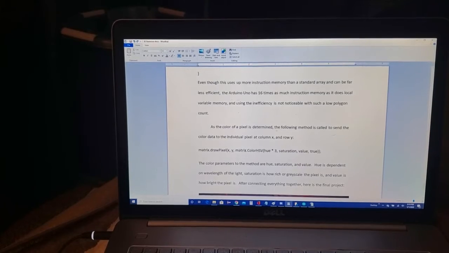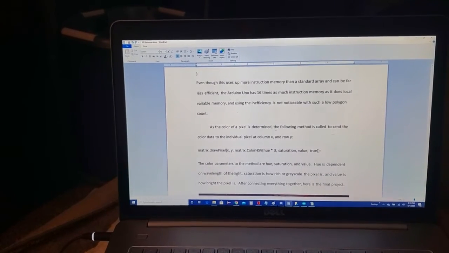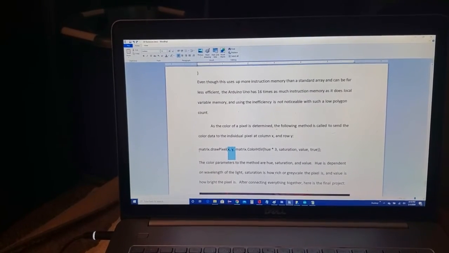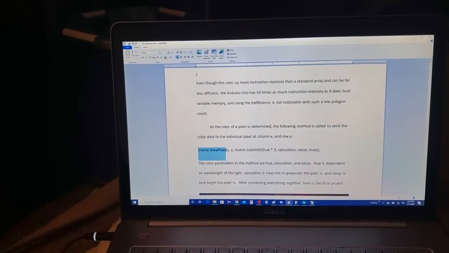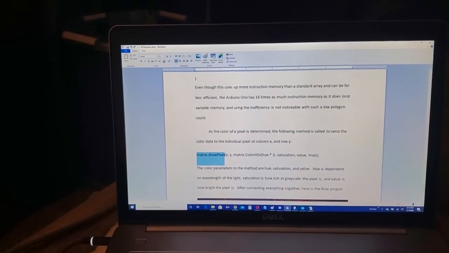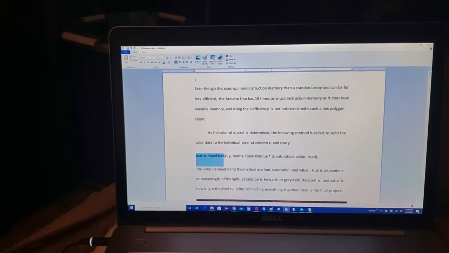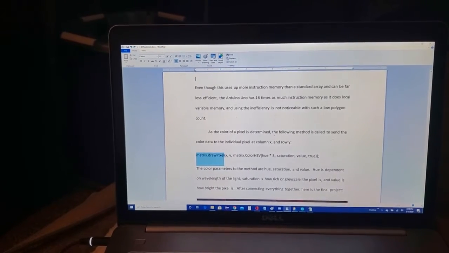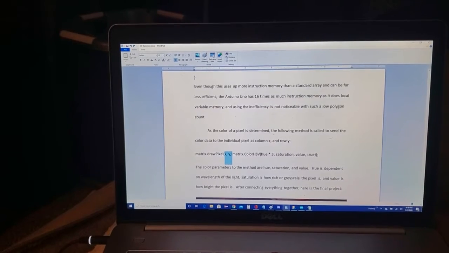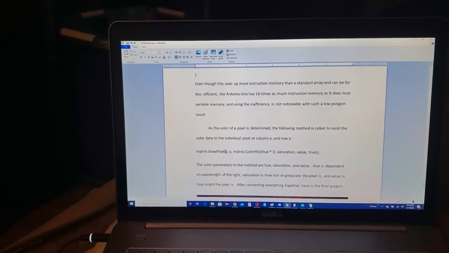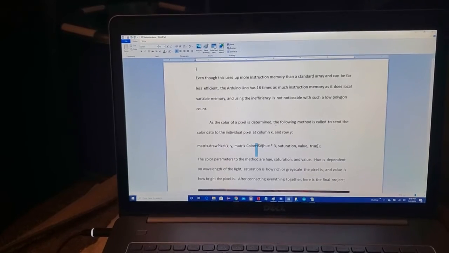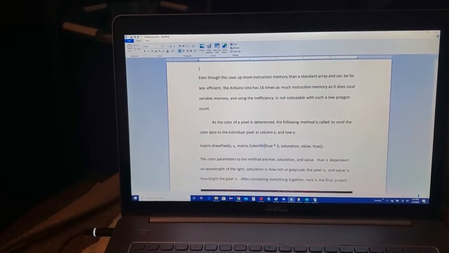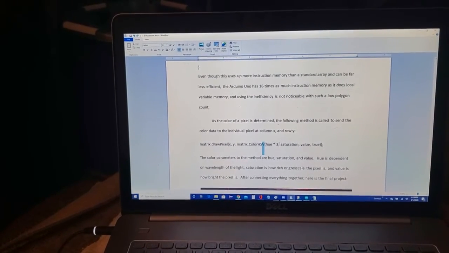And at last here, I used this method called matrix.drawPixel. This comes with a library of functions that came with my 32 by 32 LED matrix, and I plug in an X and Y for a column and row, and then I use hue, saturation, and value to define colors.